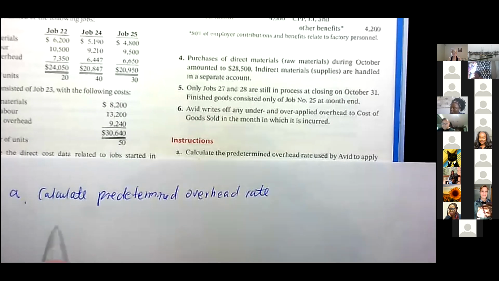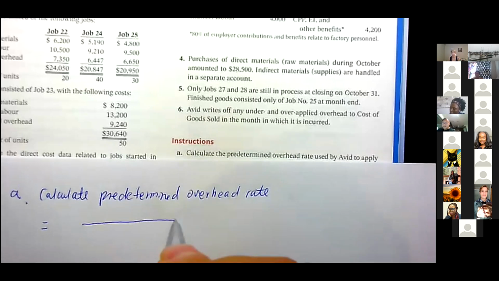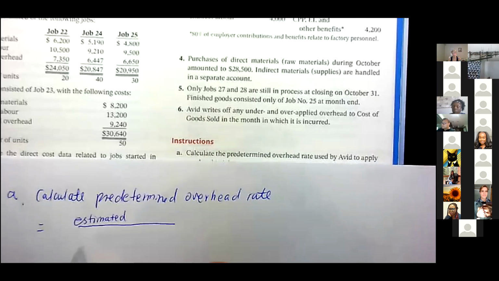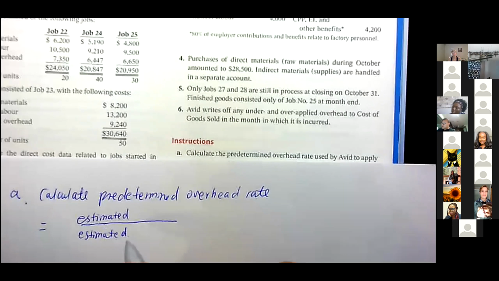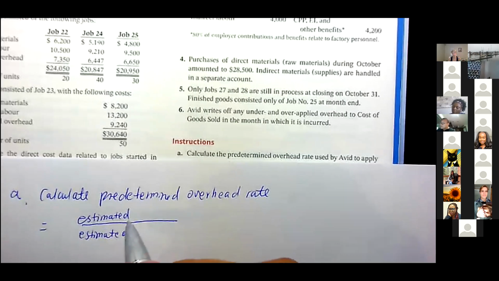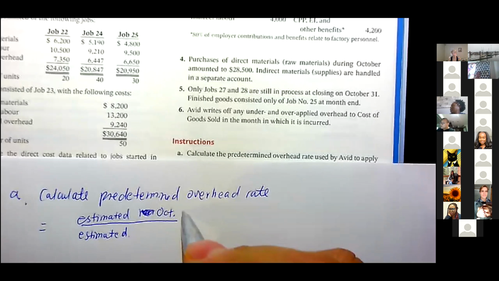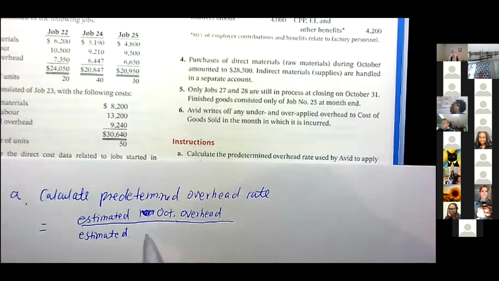And remember, this one equals a division, with both figures estimated. This is the estimated monthly overhead for October, divided by the estimated operating activity.